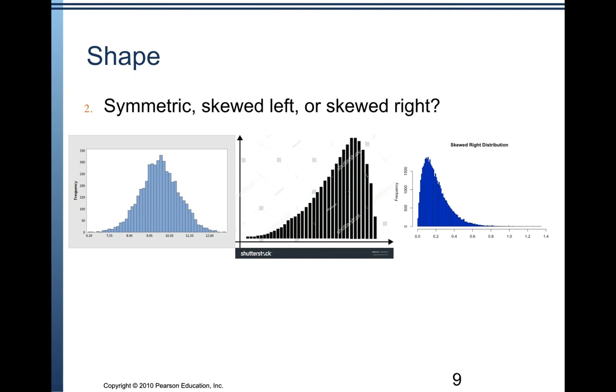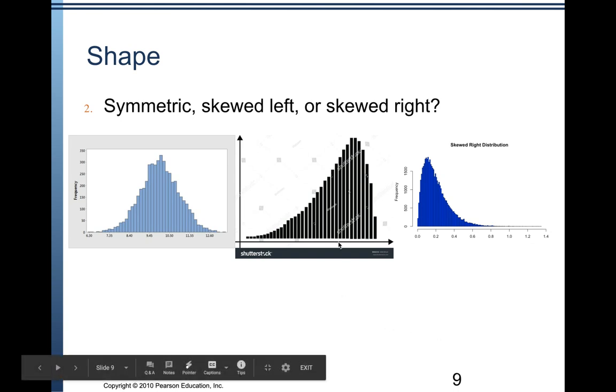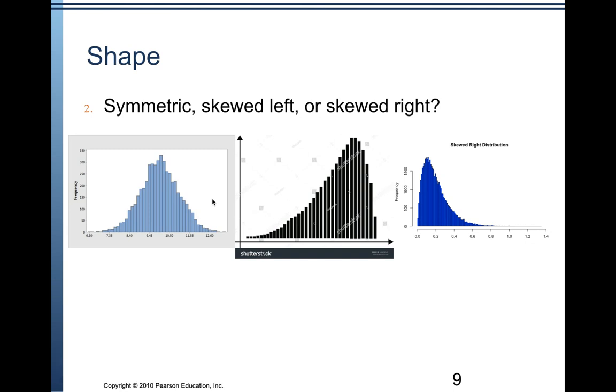And when data is not symmetrical, we call that skewed. Data could be either skewed to the left or skewed to the right. When we want to describe what direction the data is skewed in, we always look for what direction the data tails off in. So for example, in this middle histogram here, notice most of the data is to the right and then it kind of tails off to the left-hand side.